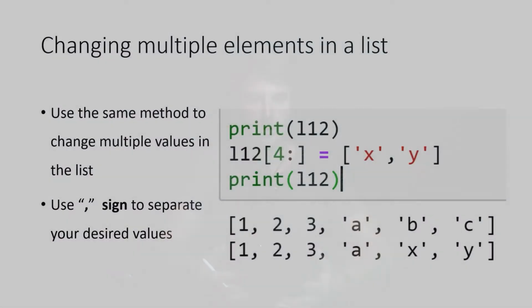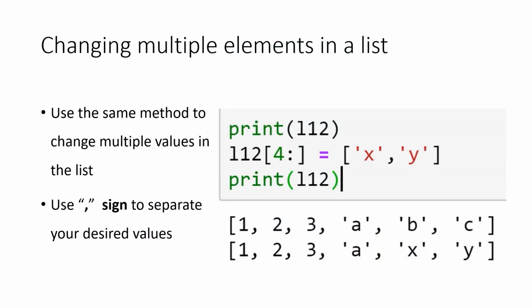We do this more or less exactly the same approach as on the last slide, and then if we want to change more elements, we have to define a range first. So number 1, we choose our list that we want to change. It's L12. Second, we choose the elements that we actually want to change, and in this case it would be index number 4 until the end, because the right hand side of the colon is empty.